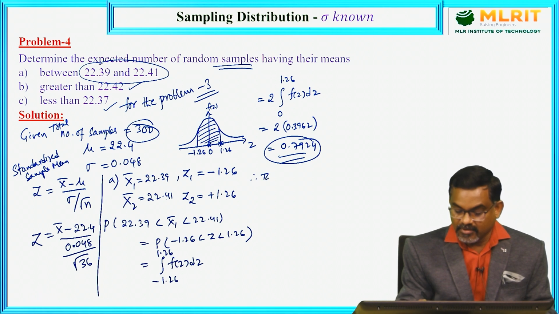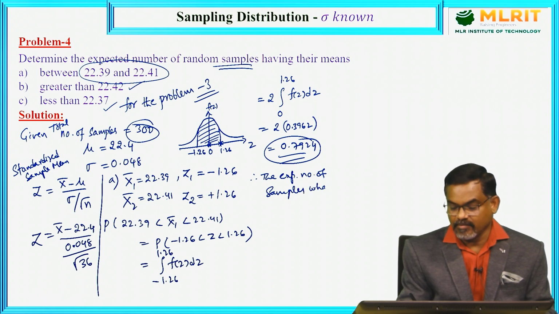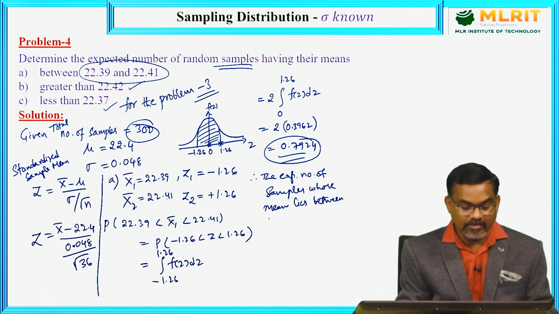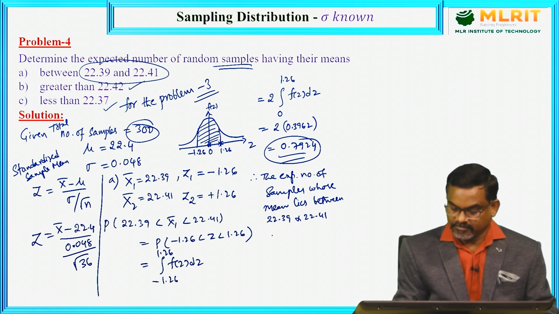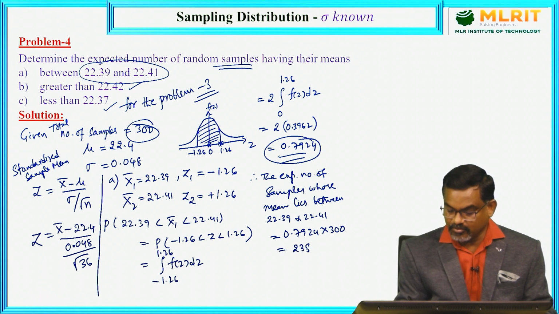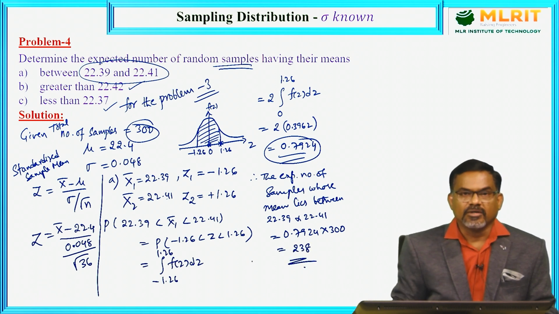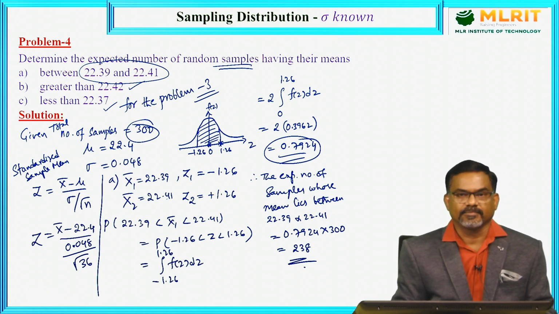Therefore, the expected number of samples whose mean lies between 22.39 and 22.41 is 0.7924 multiplied by 300, which is equal to 238. So, in 238 samples, the sample mean lies between these two values.